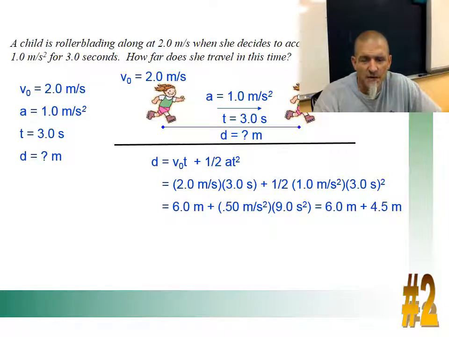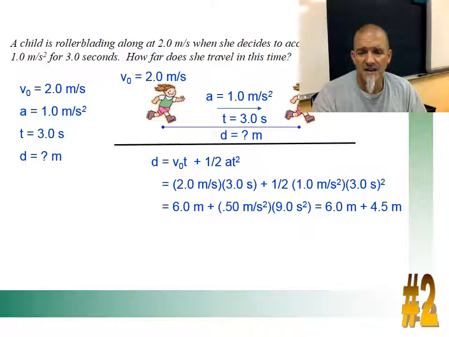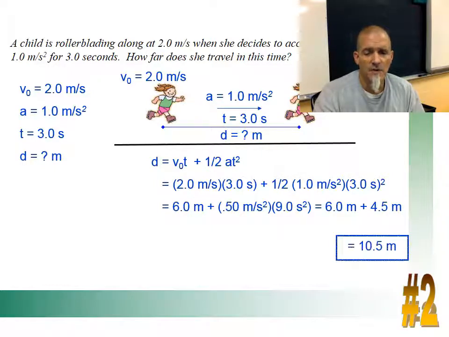Again, this seconds squared is in the denominator. This seconds squared is in the numerator, and so they cancel out. I'm just left with meters, which is good because I could not add 6 and 4.5 if the units weren't the same, but they are meters and meters. We can add those and we're done. The distance she goes is 10.5 meters.